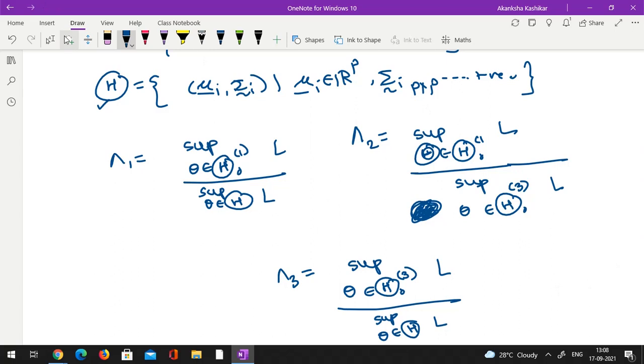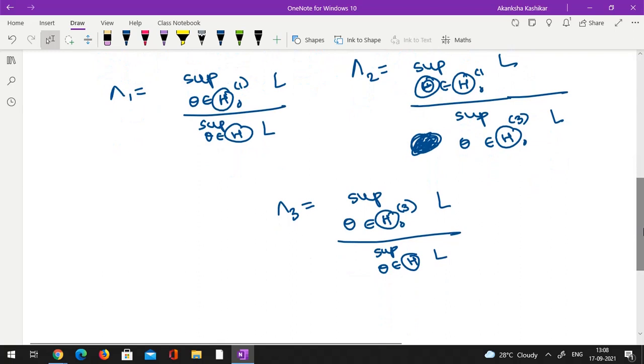Now, can you see some relationship between these three lambdas? Yes, ma'am. What is the relationship? Lambda 2 is equal to lambda 1 by lambda 3.